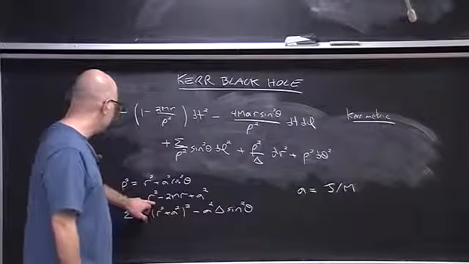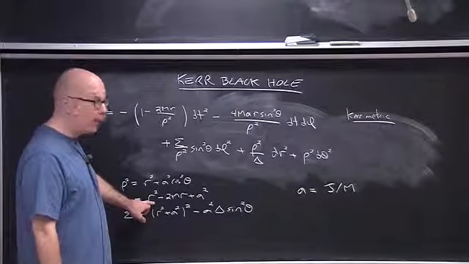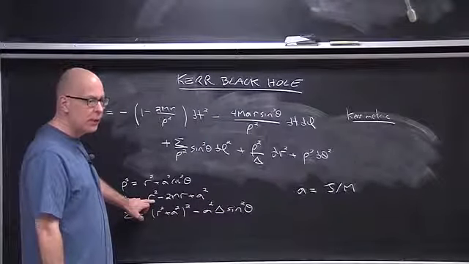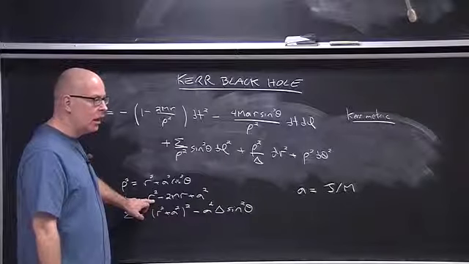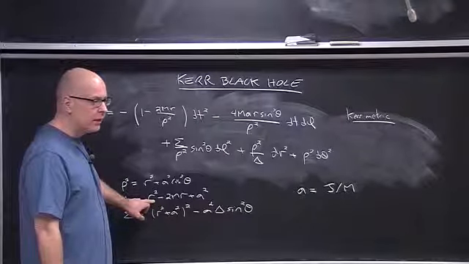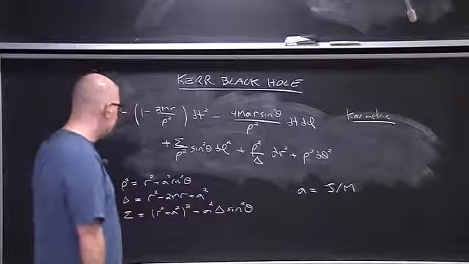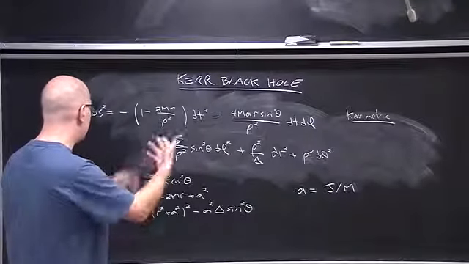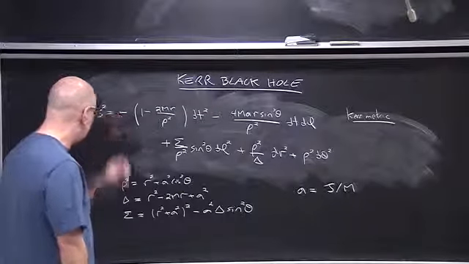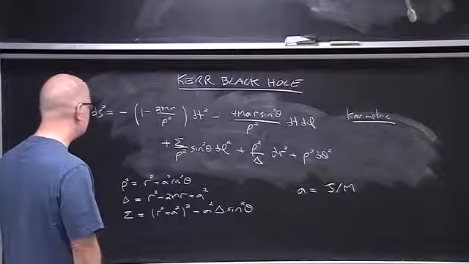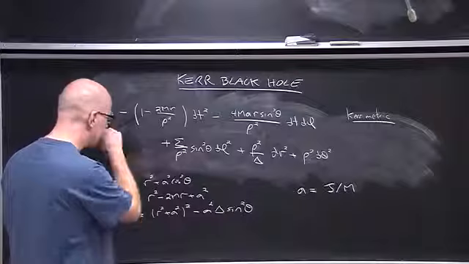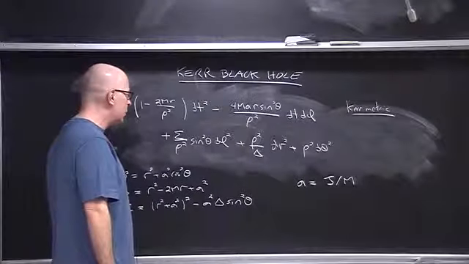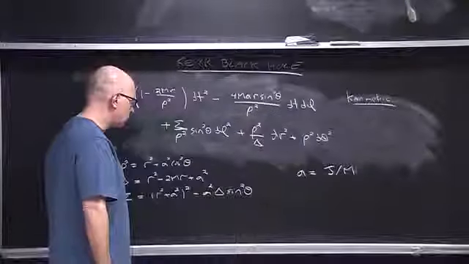But here also, delta going to 0 means that we have a quadratic equation to solve, and that means that we also have an inner horizon in the same way that we had one in the Reissner-Nordstrom case. So all of that is contained here, but I want to unravel all of this systematically and talk about the important features of the Kerr solution. I won't give a lot of details here, but I'll talk about the essential features.